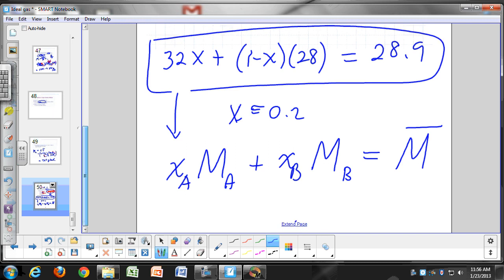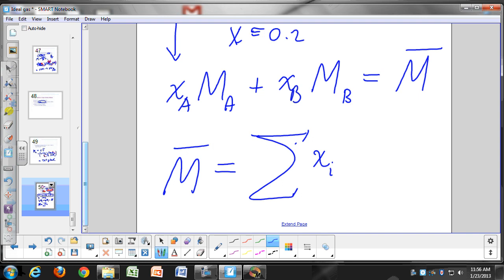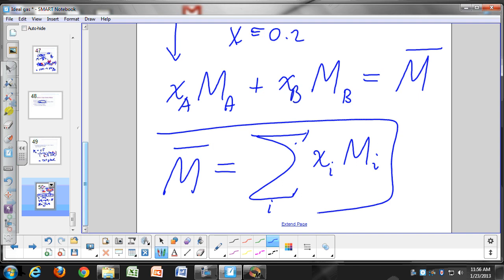Or you can say, if you have a mixture, the average molar mass of the mixture is the sum of the mole fraction of component i times the molar mass of component i, summed over all the i's, over all the components. Okay? So that's how you get the average molar mass. Okay. So that ends the lecture for the ideal gas behavior.